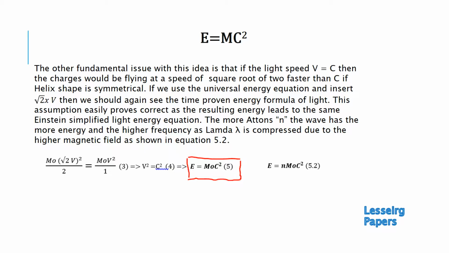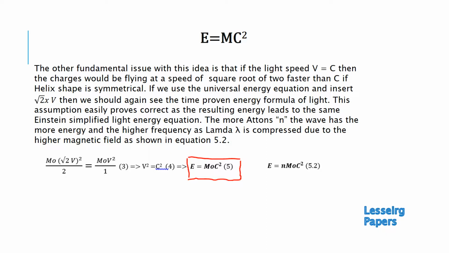But as you remember, the fundamental kinetic energy is m v squared over 2. So if I put in that m0, which is the mass of the atom, times √2 times v squared, over 2, then as you can easily see, √2 squared is 2, and so the 2 and 2 cancel each other out, and I have m0 v squared.